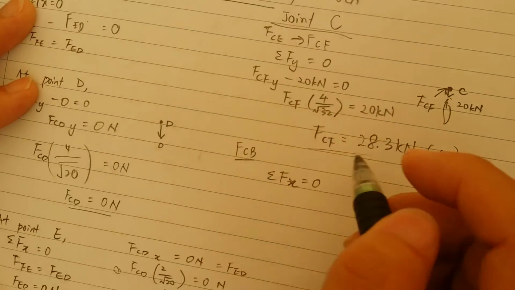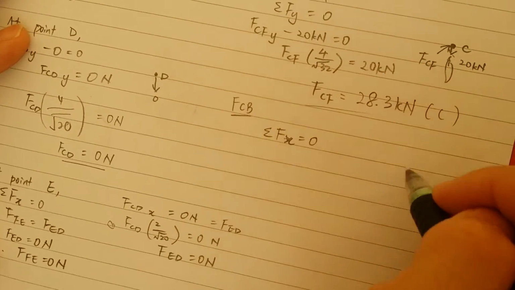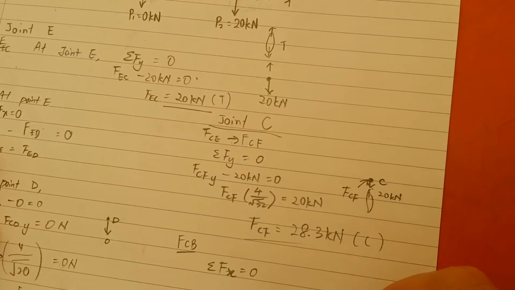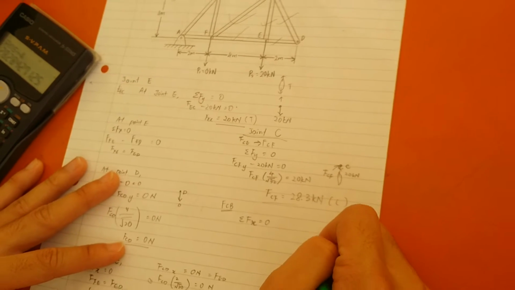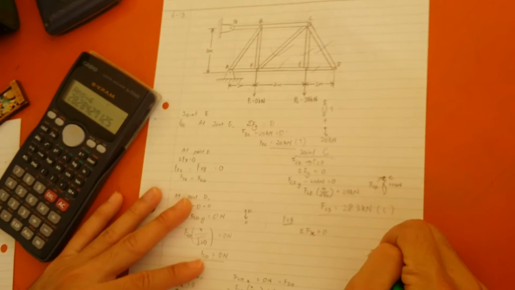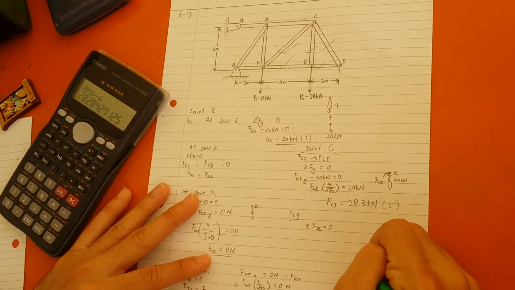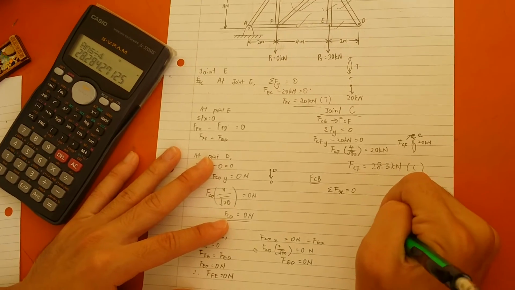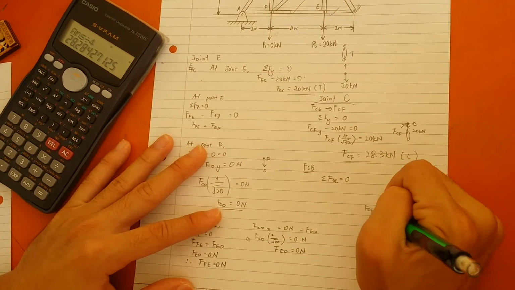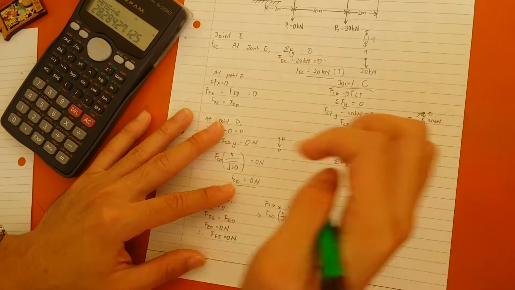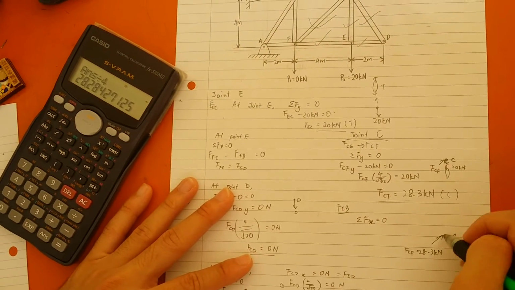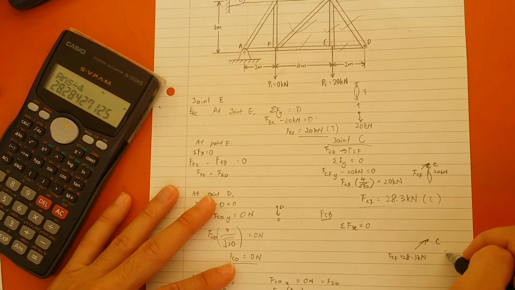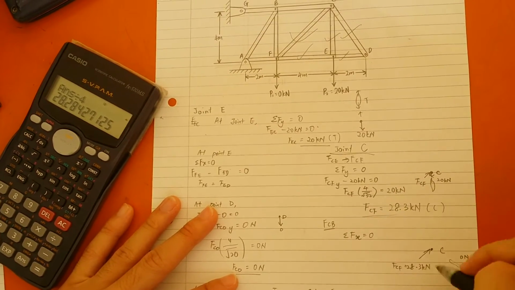Firstly, we can do the free body diagram first. At C, we have the compression here, 28.3 kilonewton, and this is FCF. Because there is no force along here, 0 Newton, we just ignore it first.